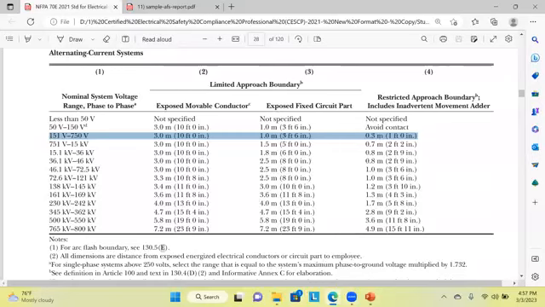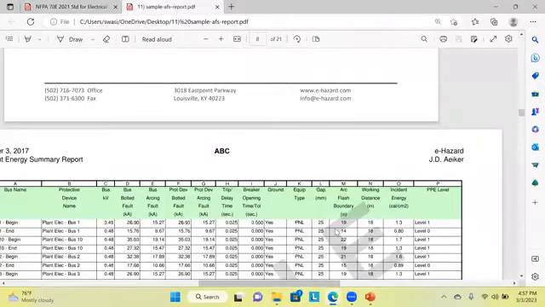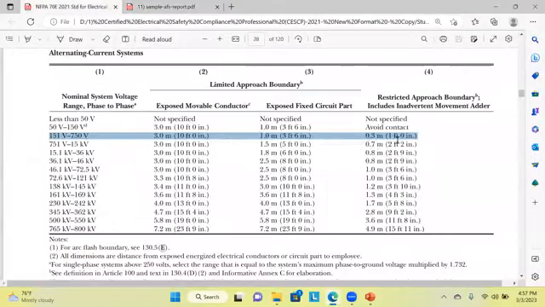Okay, from the table, we have seen that for this plant at a particular location, the arc flash boundary is 19 inches for 480 volts. So the arc flash boundary will be at 19 inches, and the limited approach boundary and the restricted approach boundary will be like this.